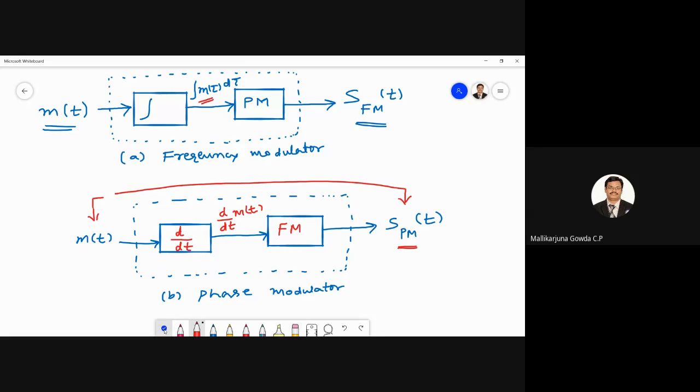Just to give an analogy to understand this, it is as good as asking a married person having children whether you are a son or a father.